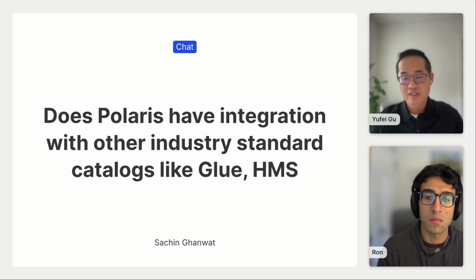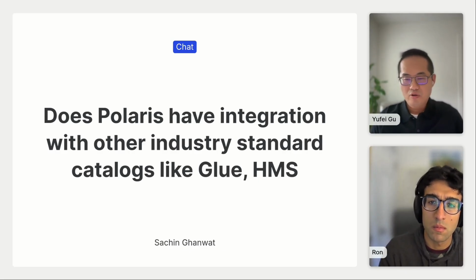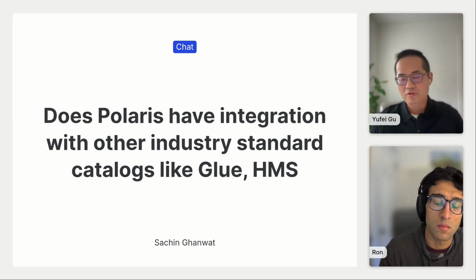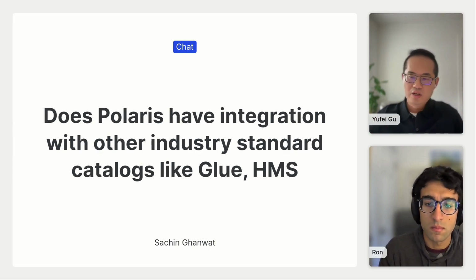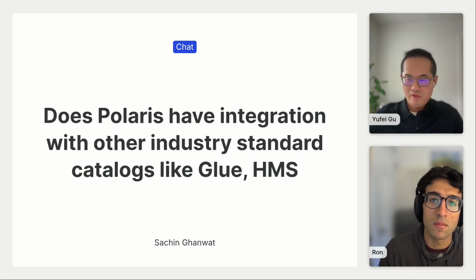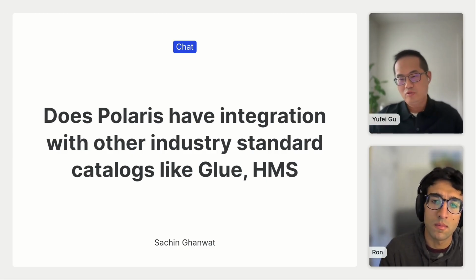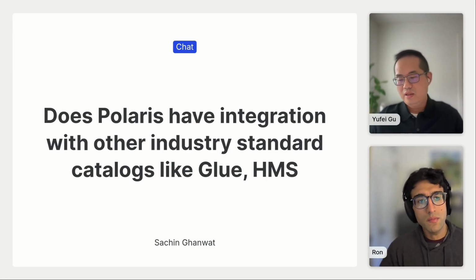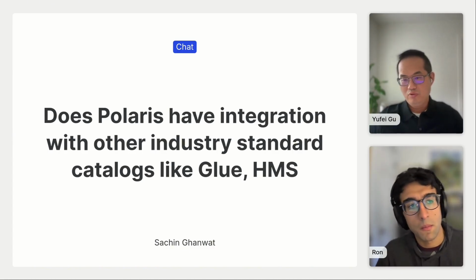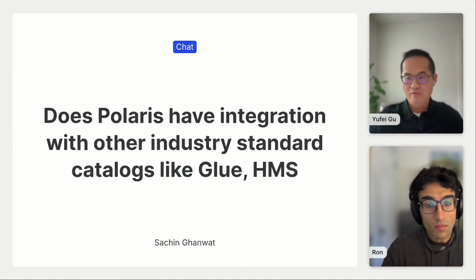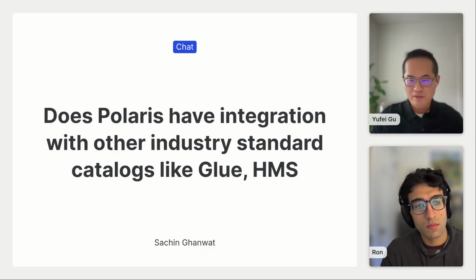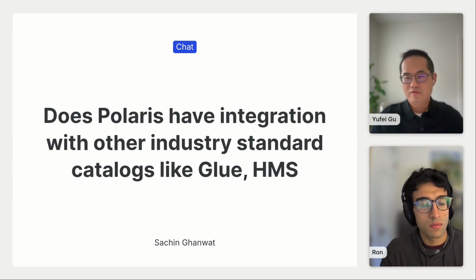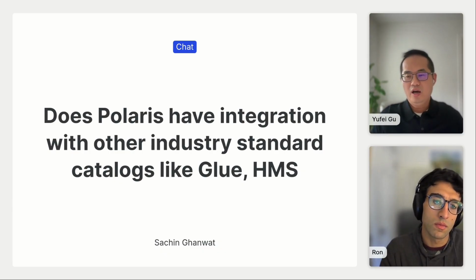For example, you have an existing HMS running all your critical workloads, and you can bring up Polaris, then federate to your HMS. At the same time, the two systems work well together. The source of truth is still in your HMS, and you can read and write from Polaris for that HMS table as long as you set the property access control for your table namespace. That's how it integrates with HMS.